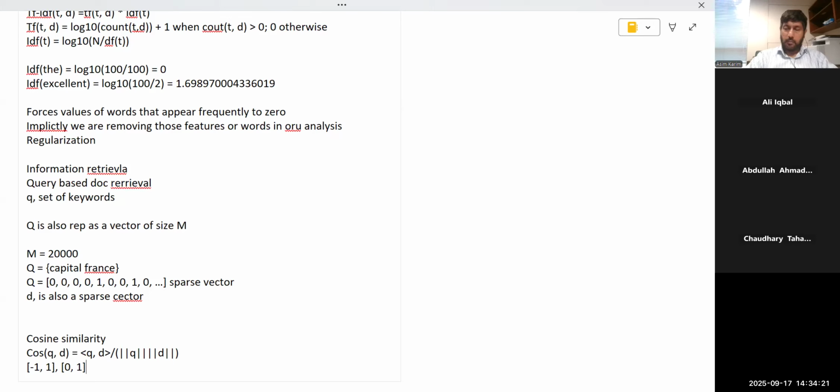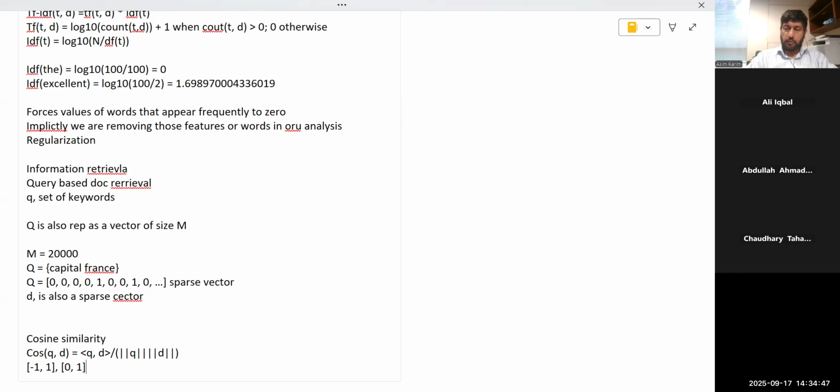But in most of NLP, at least for the vectors that we have developed, you notice that they do not have negative values. Do they have any negative values? They don't. TF is non-negative. IDF is also non-negative. So tf-idf is always going to be non-negative.